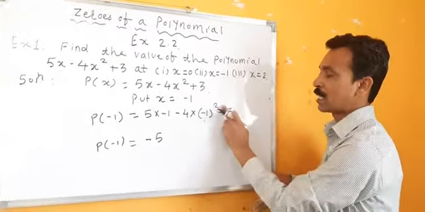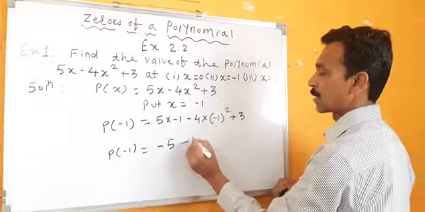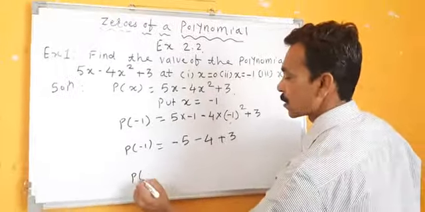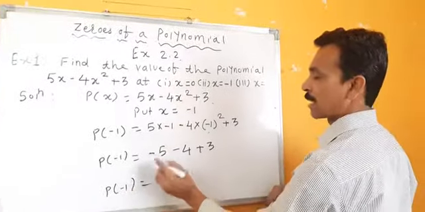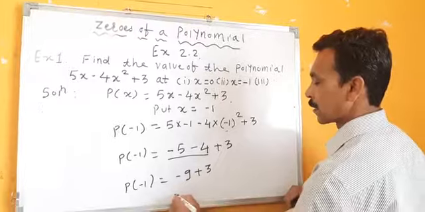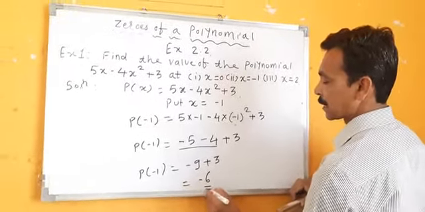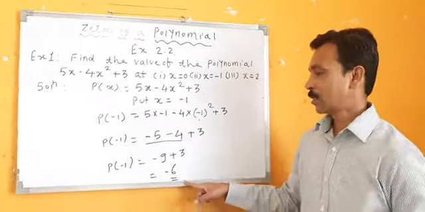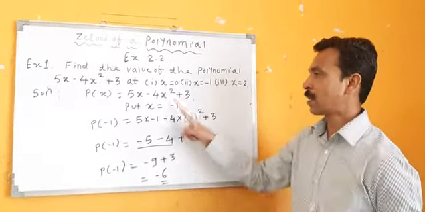Square of minus 1 is plus 1. Plus 1 into minus 4 is minus 4, and this is plus 3. So it is minus 5 minus 4 is minus 9, plus 3 is equal to minus 6. Minus 9 plus 3 is minus 6. This way we find the value of the polynomial.